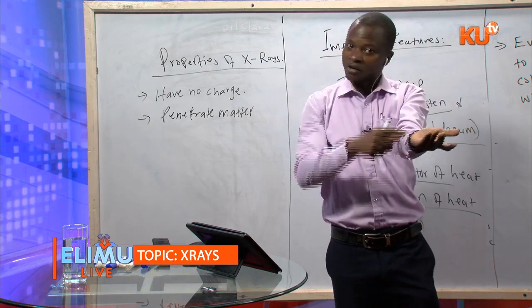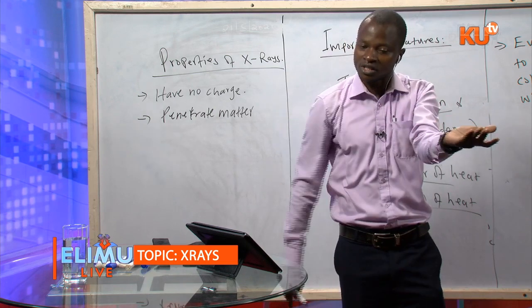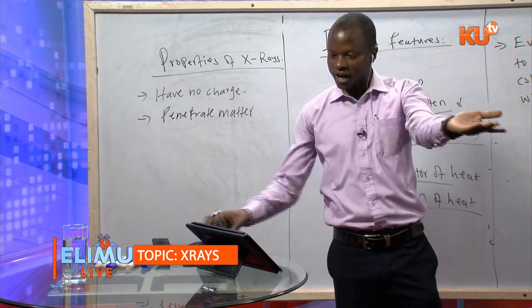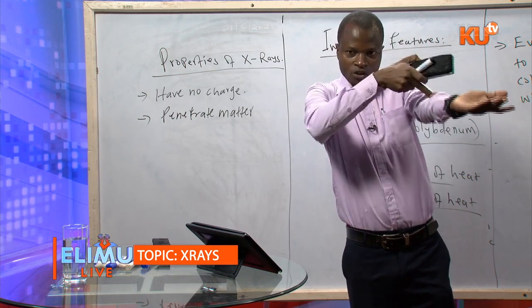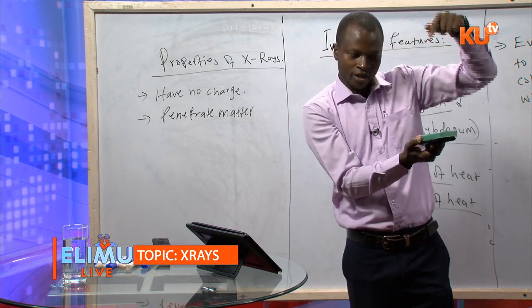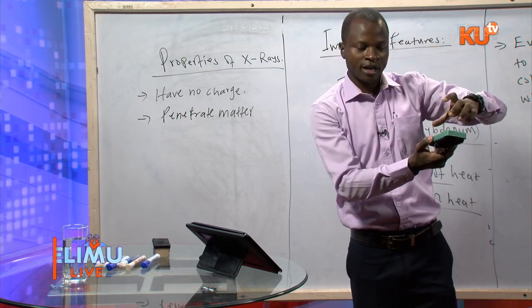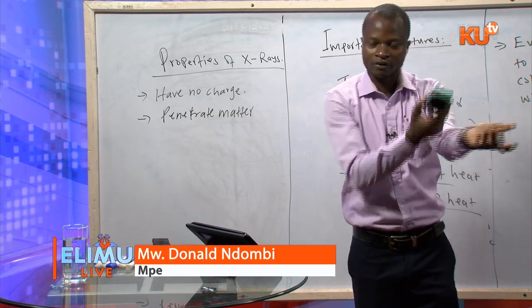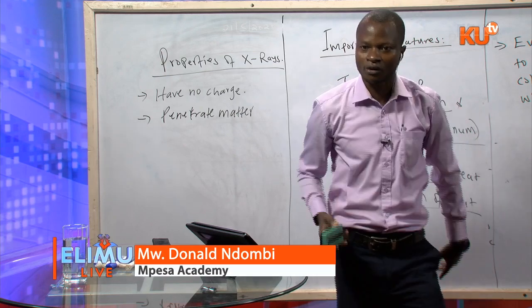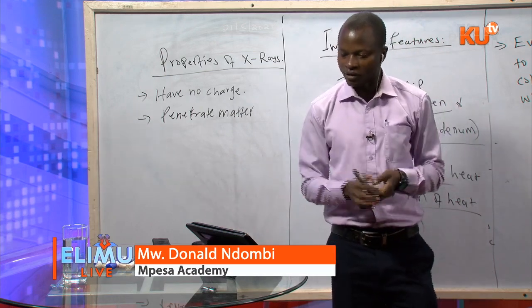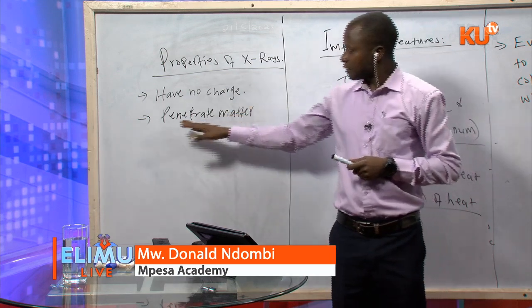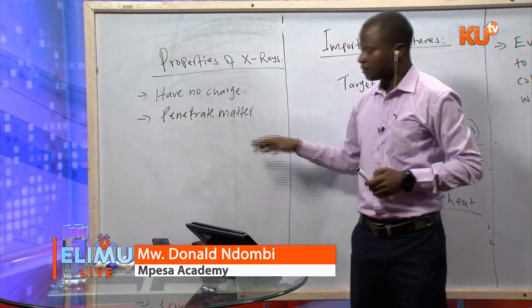Some of them, depending on their energy, can also penetrate through your bones. Therefore, we place your hand on a material of high density, such that they penetrate through your body but stop at that material. That is how we get a picture of whatever is happening with your hand or your leg or your body. So depending on their energy and the density of the material, they can penetrate matter.